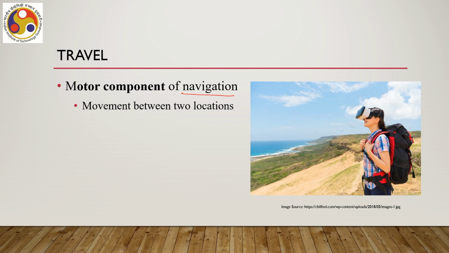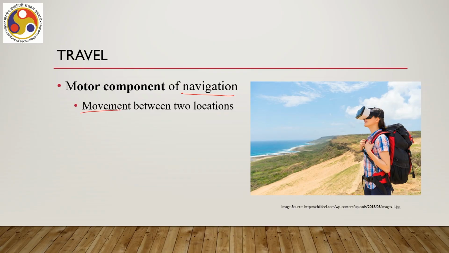When we actually move our legs or limbs to move from one point to another, that is the motor component of movement, that we are generally referring to as the travel or locomotion part of navigation. So, essentially it refers to the movement between two locations, from one point to another.